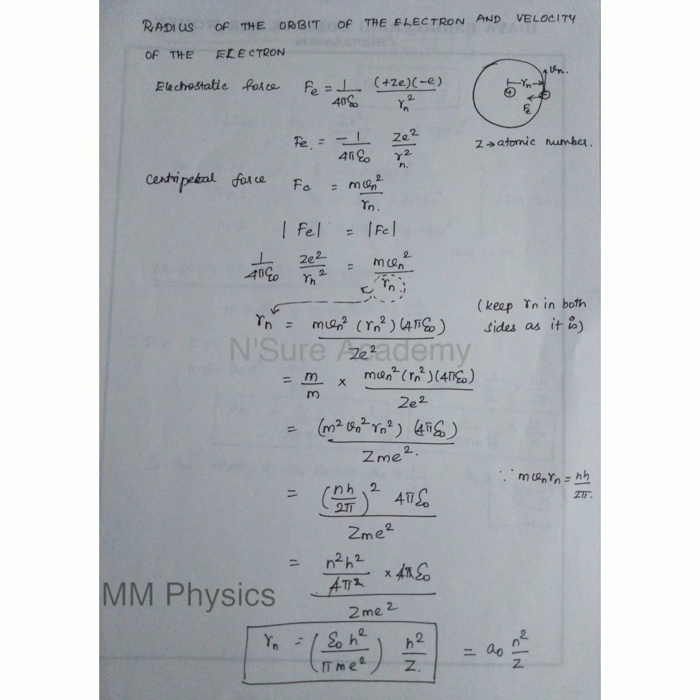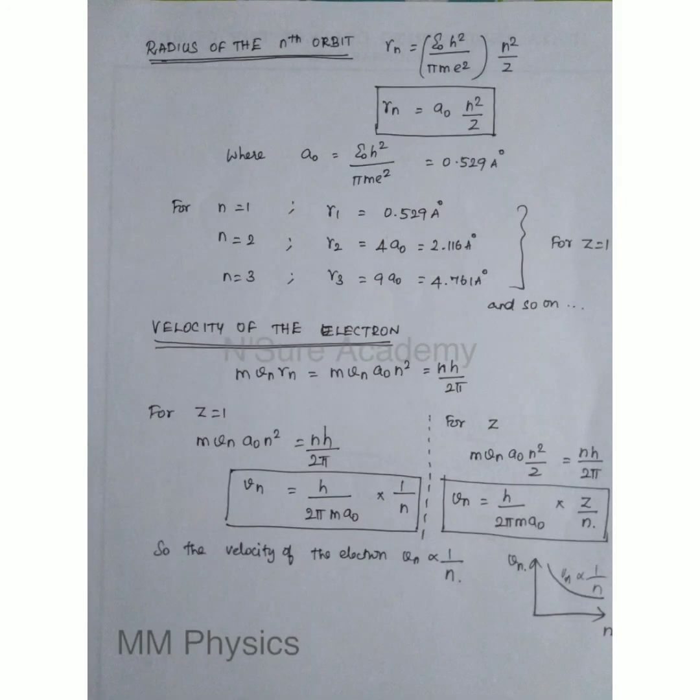So we can take a constant value a0, 0.53 Angstrom. By substituting epsilon, h, pi, m and e, we get the equation for Rn, which is the radius of the orbit in which the electron revolves according to the Bohr atom model. The radius of the nth orbit is given as Rn equals epsilon naught h square divided by pi m e square into n square by Z, with a0 the constant 0.529 Angstrom.